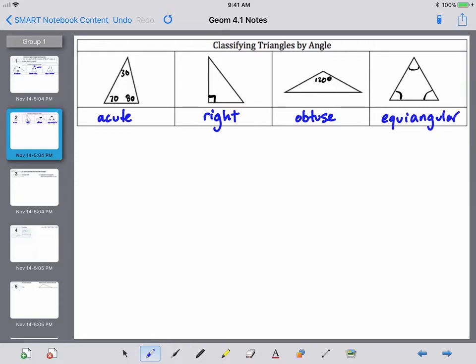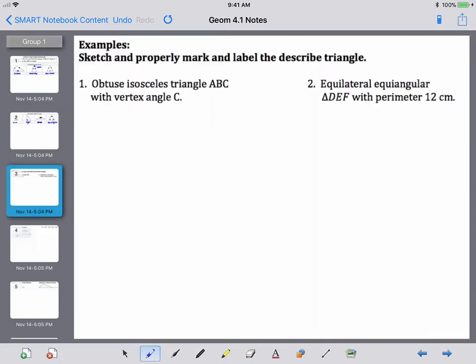Okay, so let's practice sketching a triangle given some info about it. In the first example, it says to sketch and properly mark and label the described triangle. In number one, we're going to sketch an obtuse isosceles triangle ABC with the vertex angle C. So let's start with an obtuse angle, and then create a triangle on the bottom.